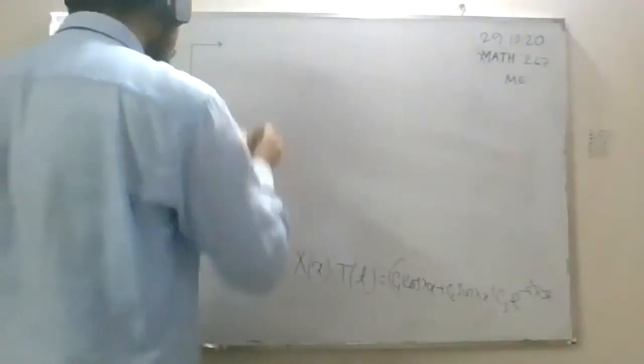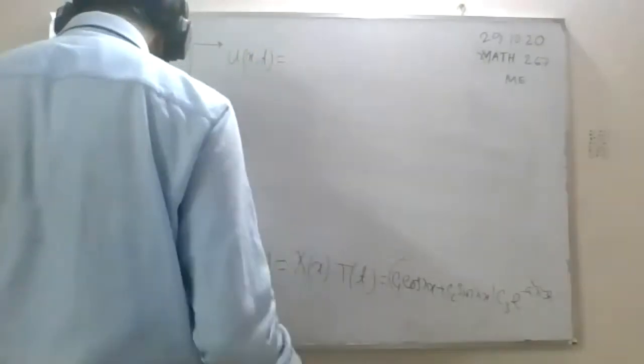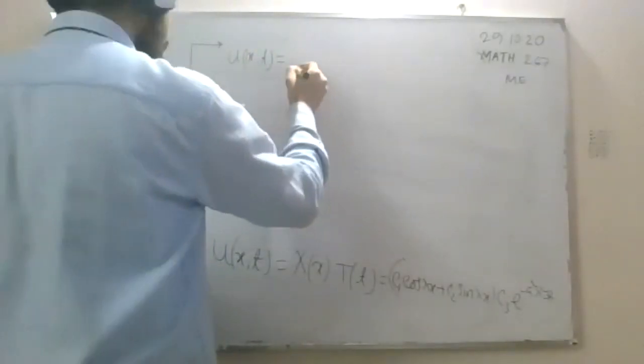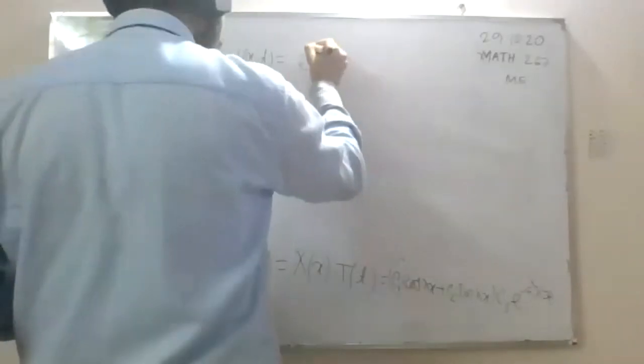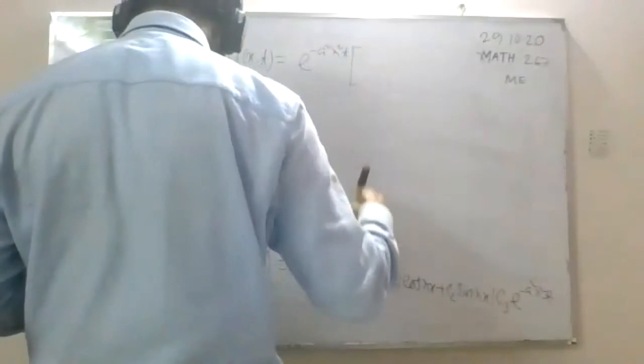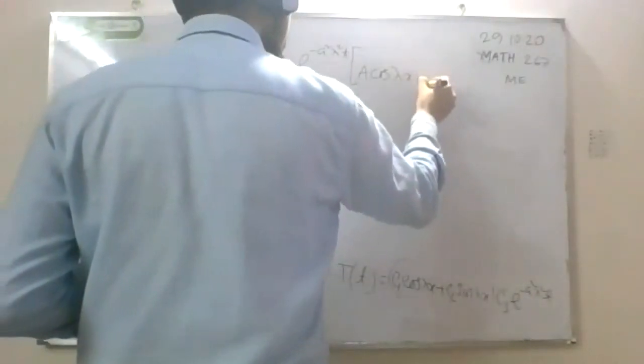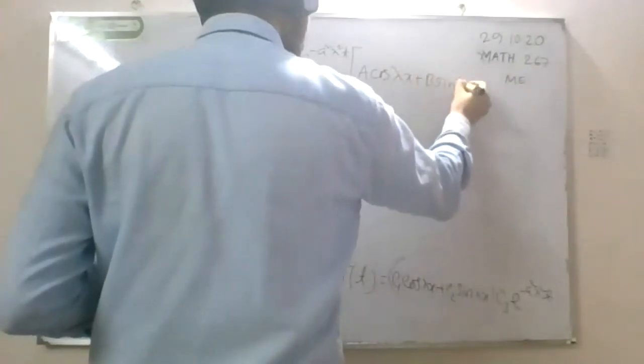After that, you can get here e to the power minus a square lambda square t into (a cos lambda x plus b sin lambda x).